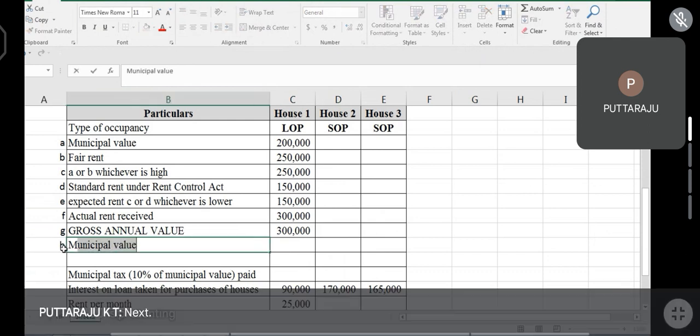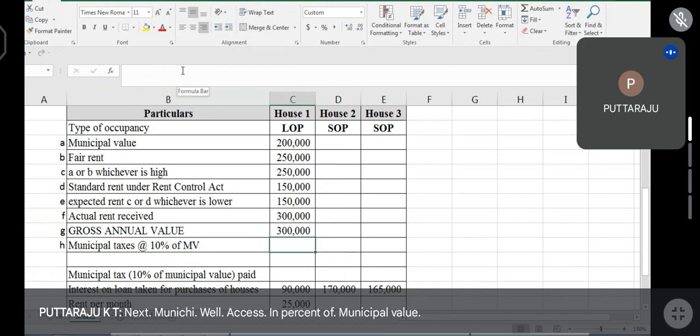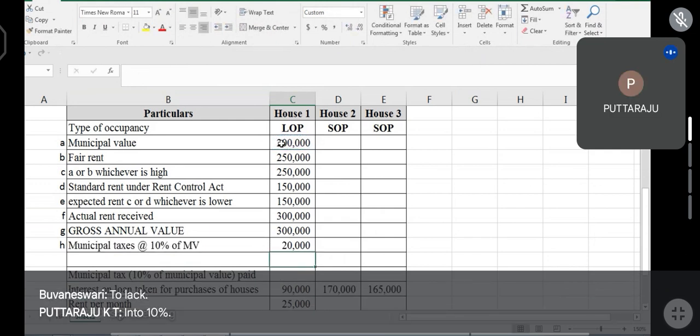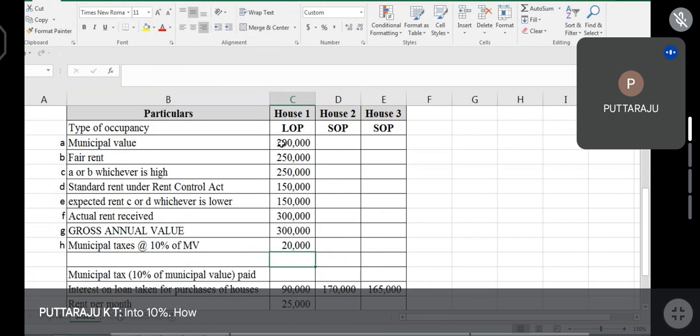Next, municipal taxes. 10% of municipal value. What is the municipal value here? 2 lakh, into 10%. How much does it come? 20,000.